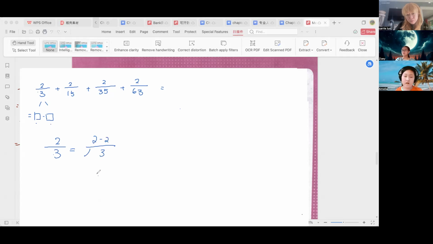No, like the whole 2 minus the fraction. Where did you get those numbers? This one equals 1 and 1 over 3.